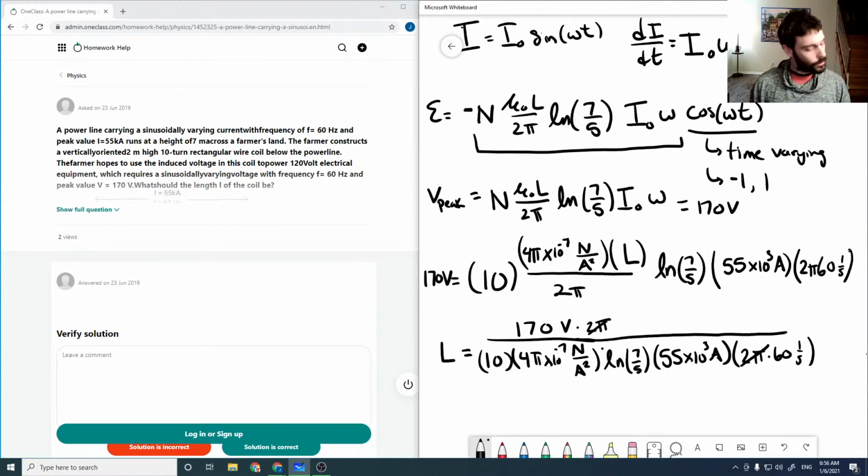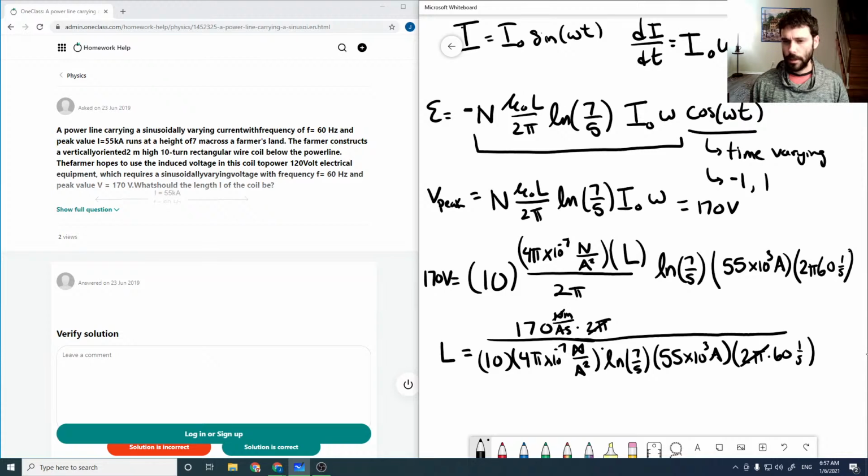Also, a volt is a newton meter per amp second. So I'm just going to erase the volt and write it in as a newton meter per amp second.